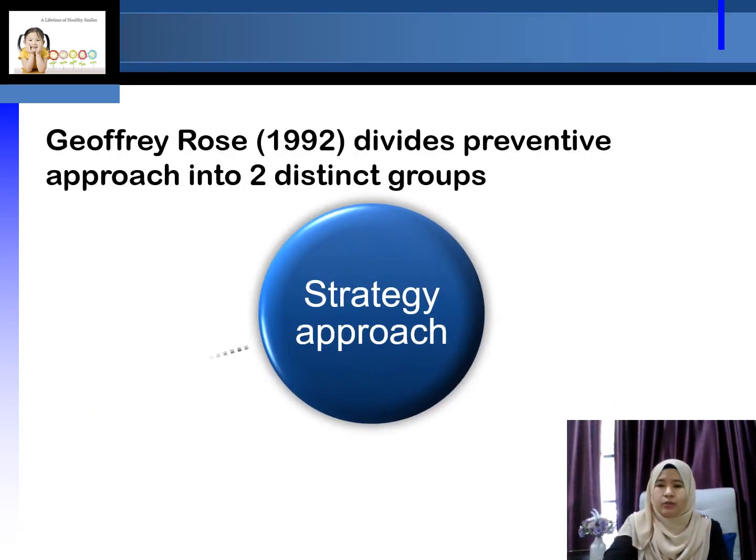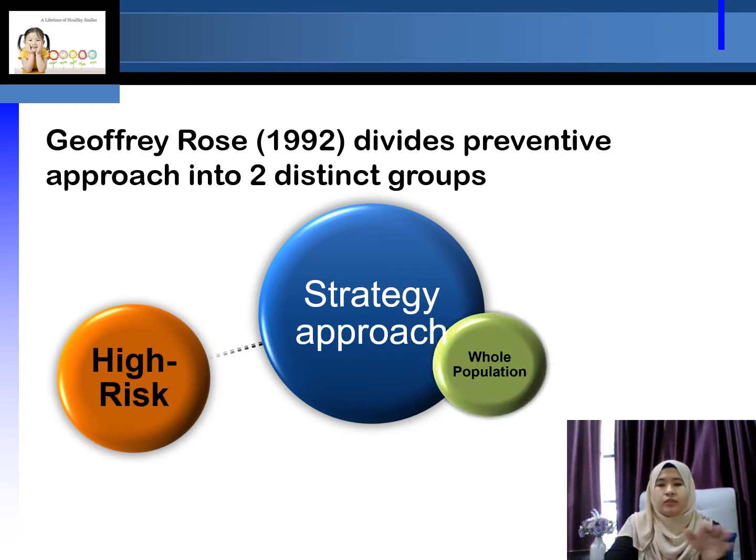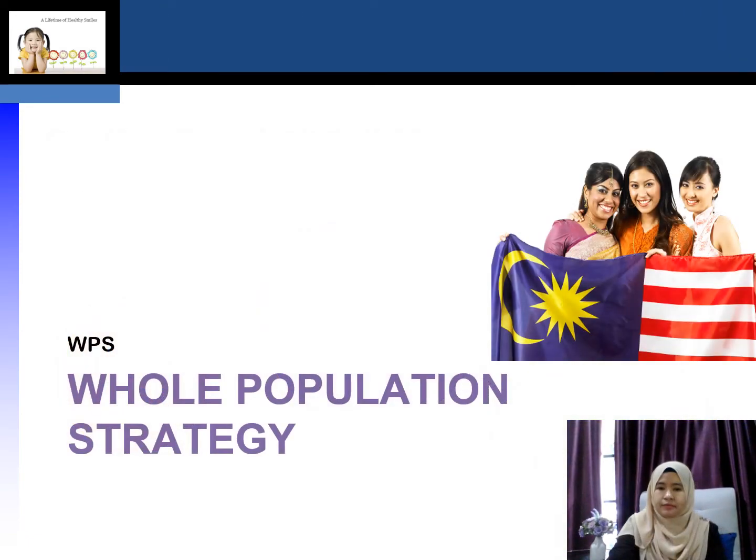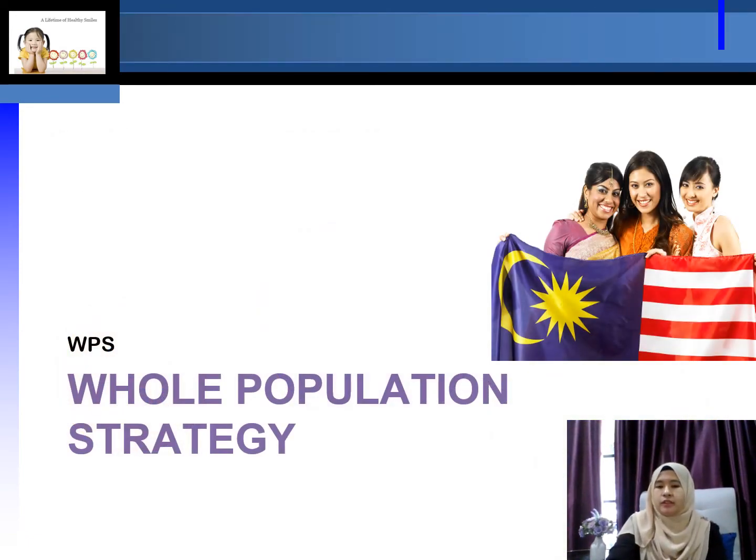Now we go to the strategy approach. According to Geoffrey Rose, 1992, he divides the preventive approach into two distinct groups: the whole population approach, and the second one, the high risk approach. So the first approach is the whole population strategy.